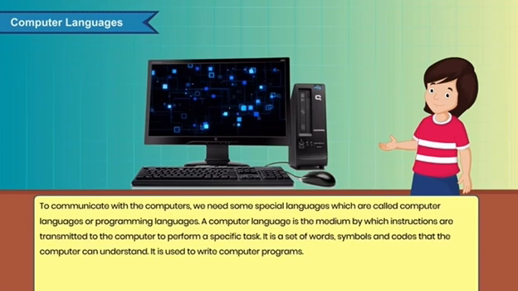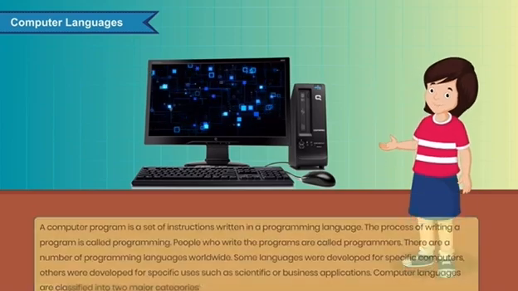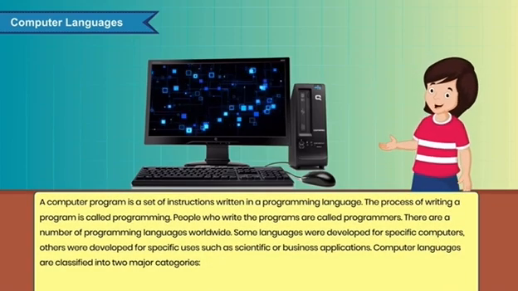It is a set of words, symbols and codes that the computer can understand. It is used to write computer programs. A computer program is a set of instructions written in a programming language. The process of writing a program is called programming. People who write the programs are called programmers.